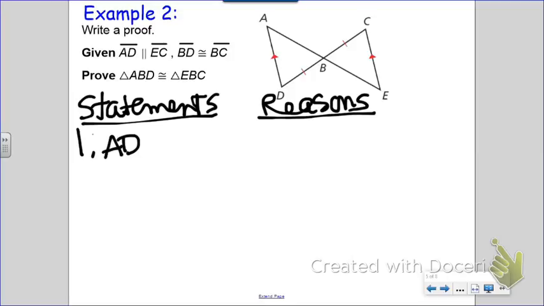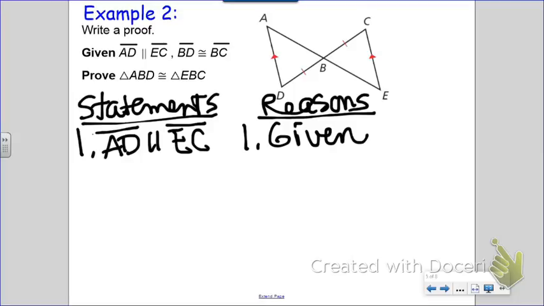Same way to prove these as the other problems. We're going to write our first given. AD is parallel to EC. Remember, when we have parallel, we're going to pick a pair of angles congruent from the picture. We have several options here.